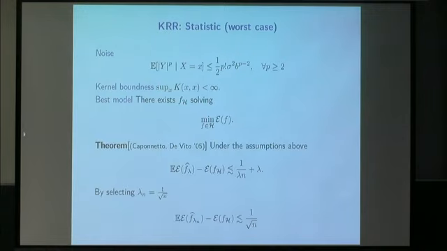We have optimal learning bounds, the standard results from 2005. Under the assumptions above, we have the classical bias-variance decomposition. If we optimize here in lambda, the regularization parameter, the algorithm achieves a learning error that is of the order 1 over square root of n.